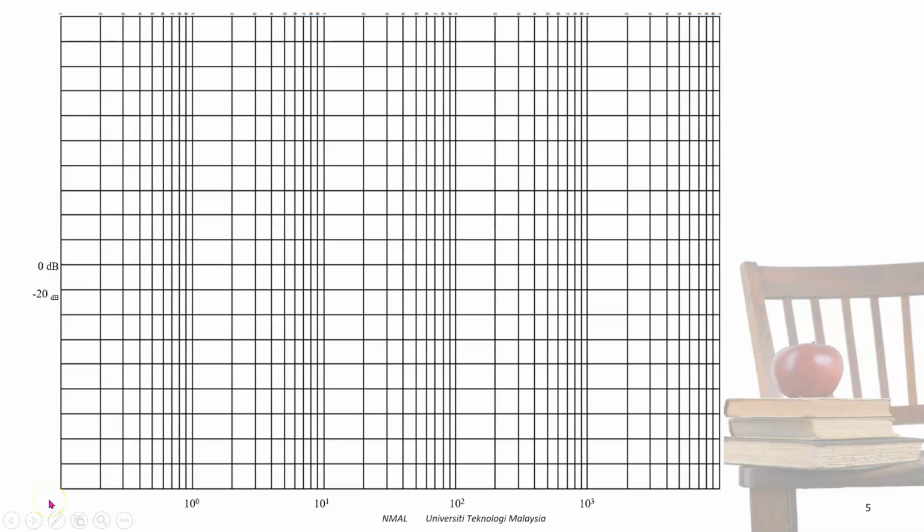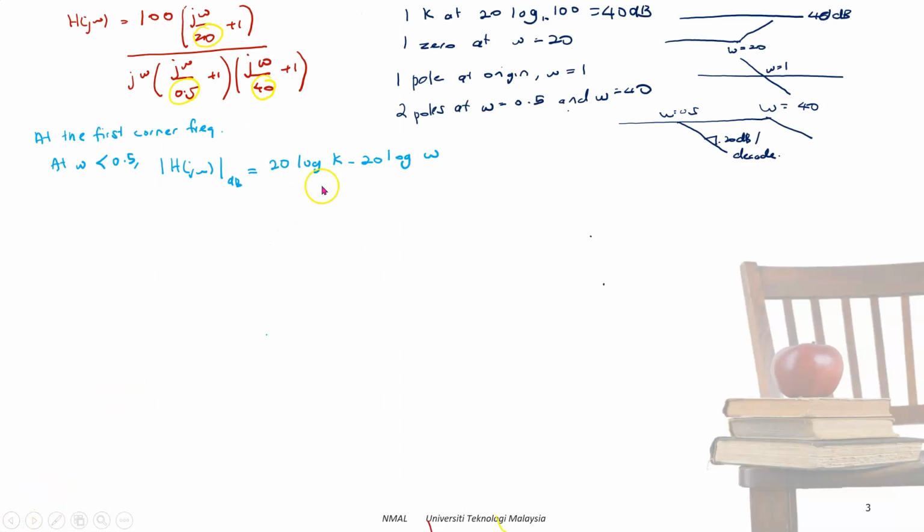So we want to start our graph here at 10 power of negative 1, which is 0.1. Okay, so we put the value of this 0.1 in this omega, we replace it and we calculate. When omega is equal to 0.1, we calculate the magnitude of the Bode plot.